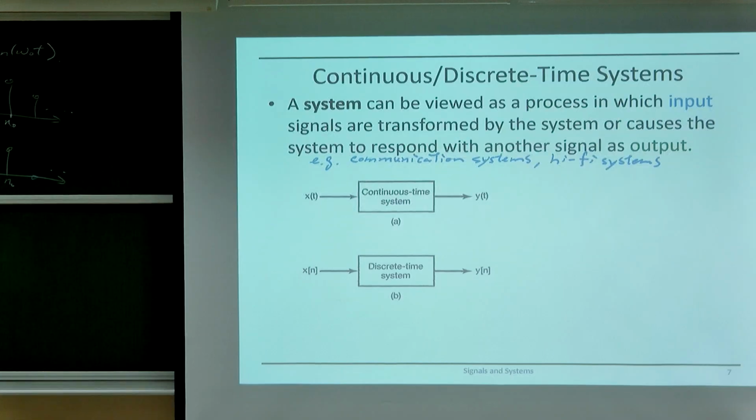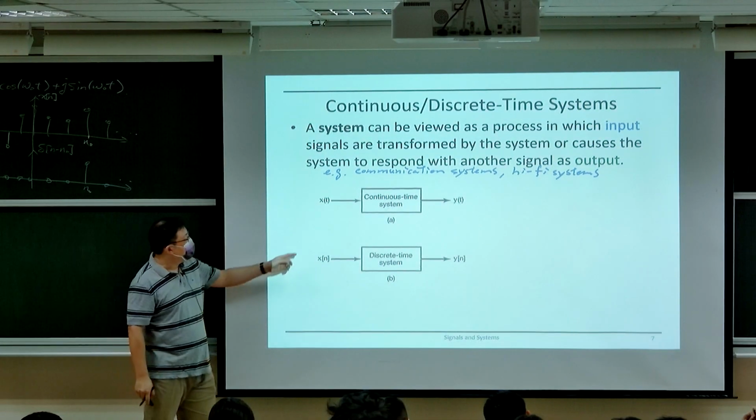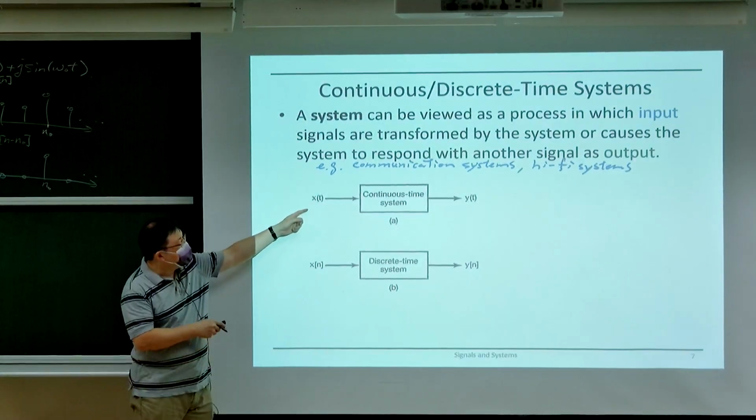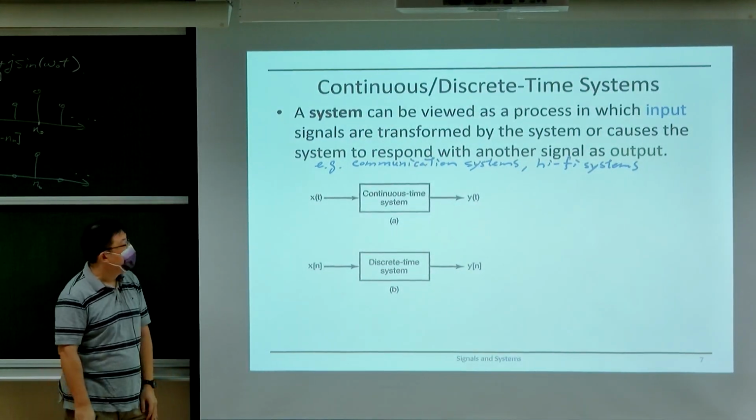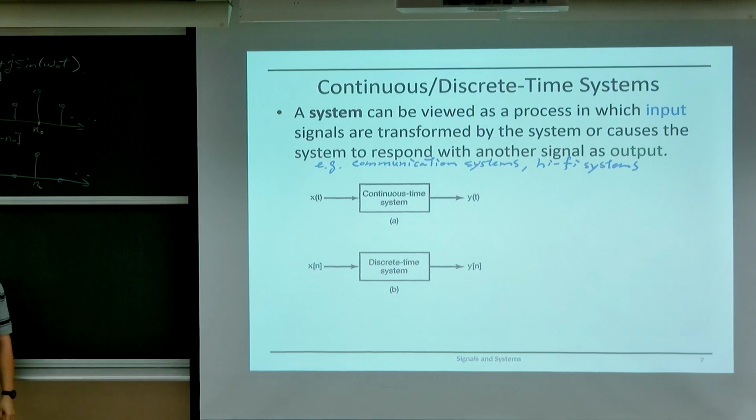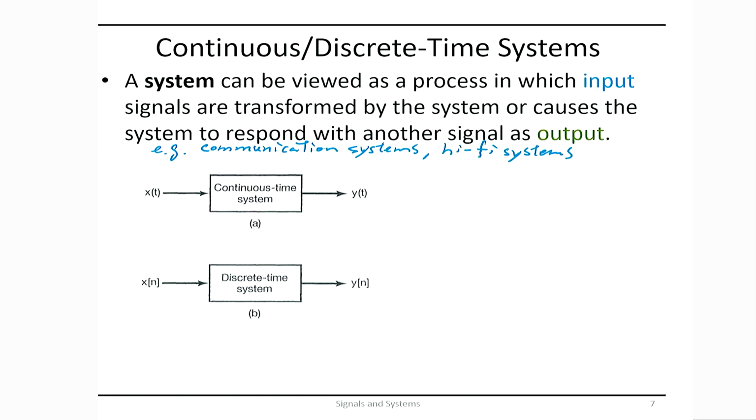Now, you can categorize systems into continuous time and discrete time as well, depending on the type of signal in the input and output. If the input and output are continuous time signals, then you say that the system is continuous time.